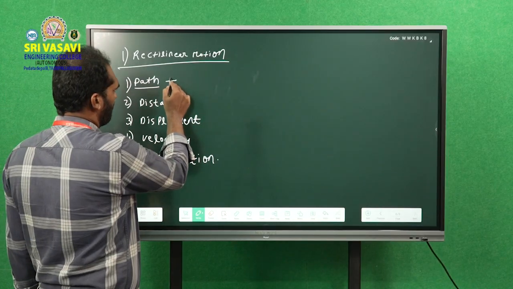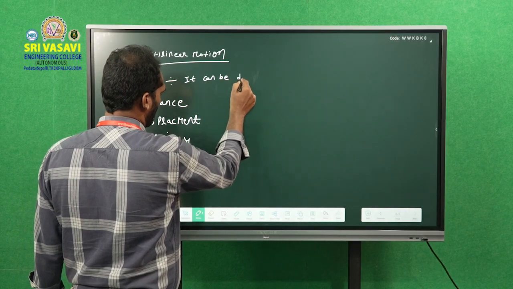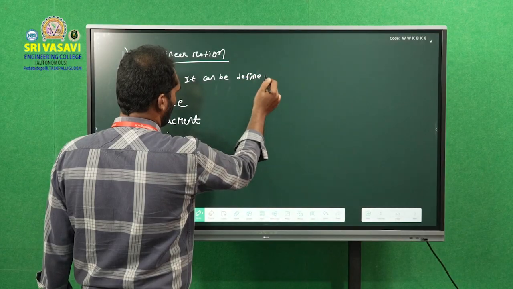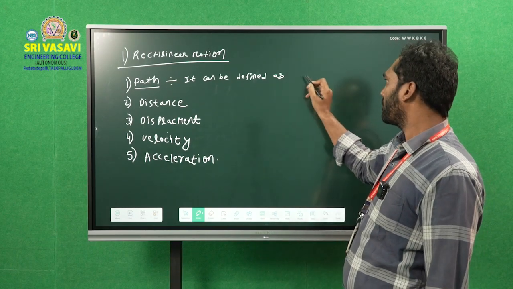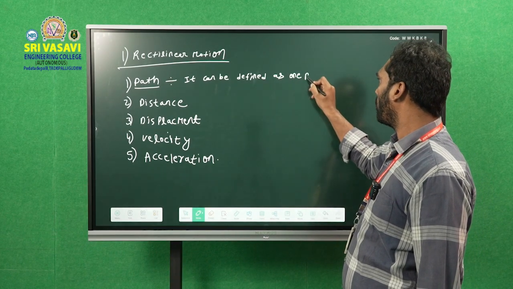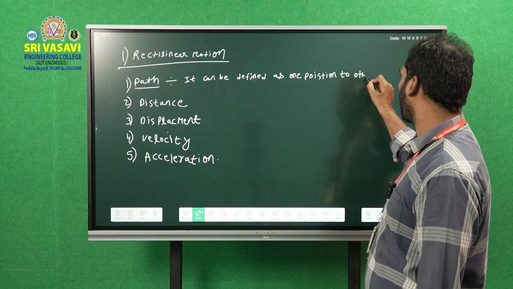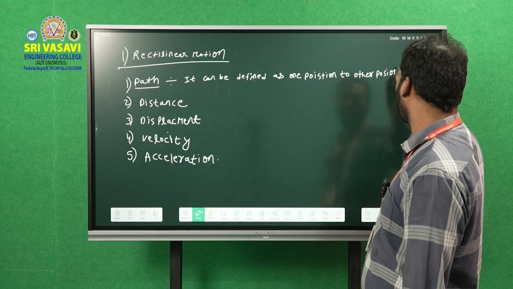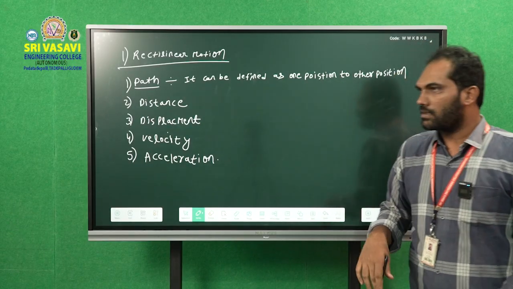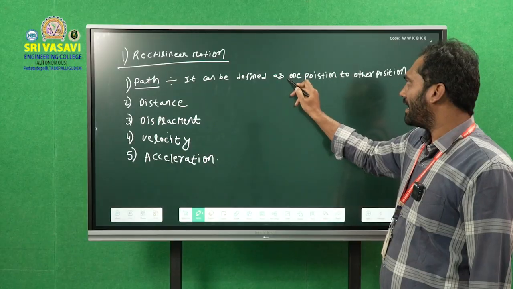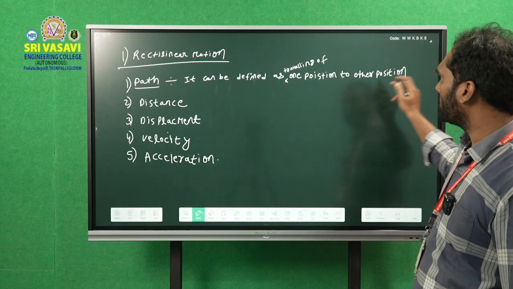First, how to know the path. Path can be defined as the traveling from one position to the other position.